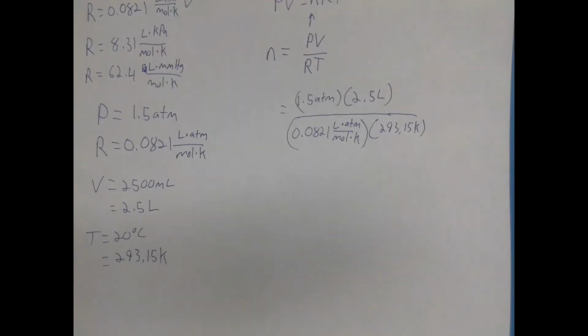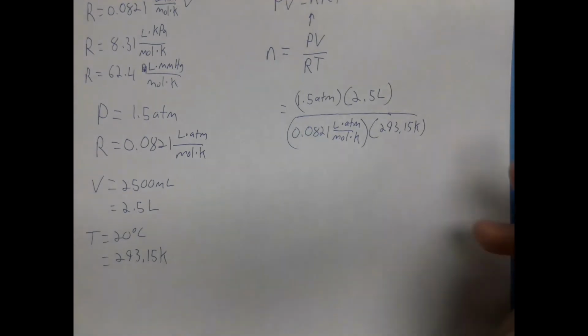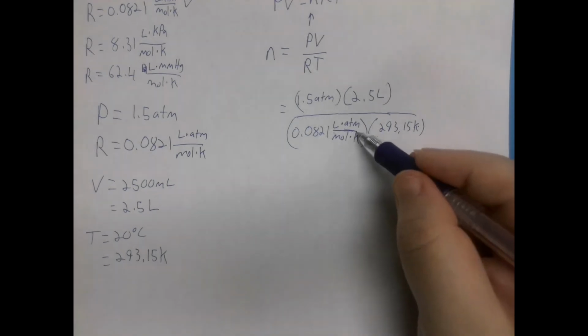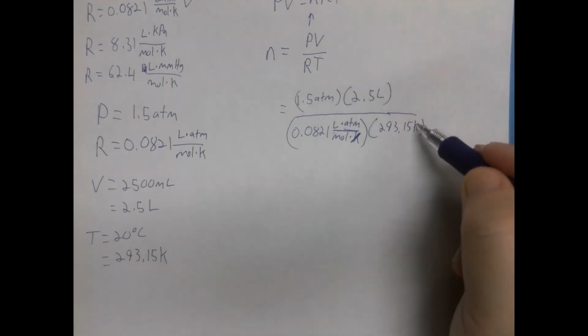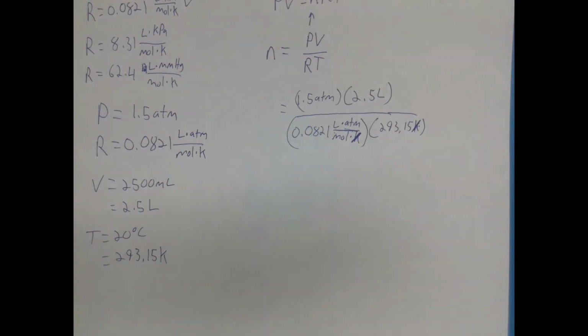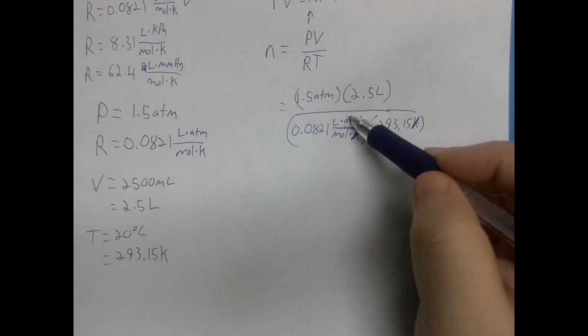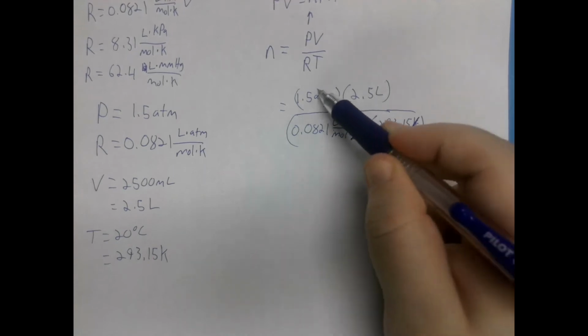Before continuing, let's look at the units. Let's do a little bit of a dimensional analysis. A Kelvin divided by a Kelvin cancel each other out. We have an atmosphere divided by an atmosphere. That cancels each other out.